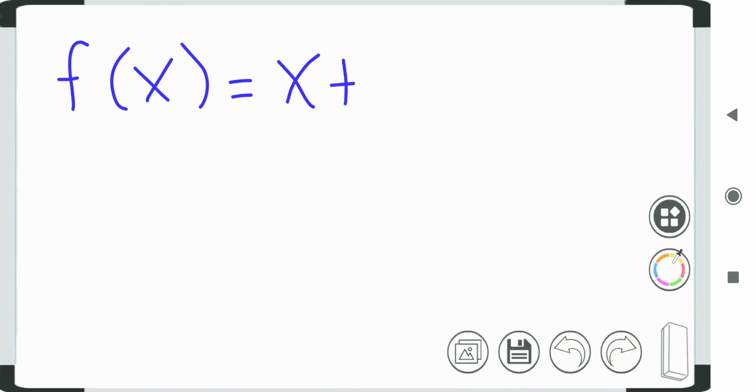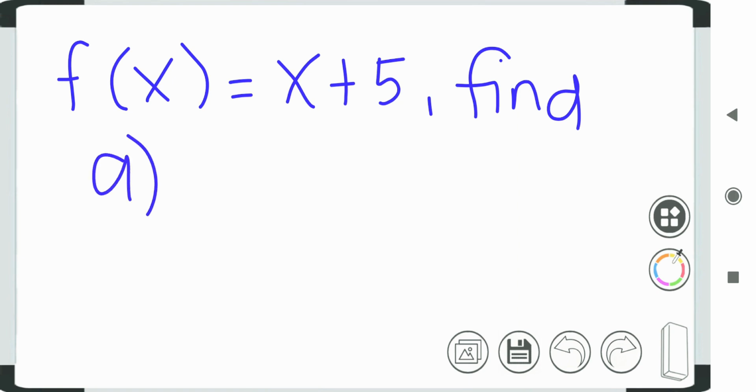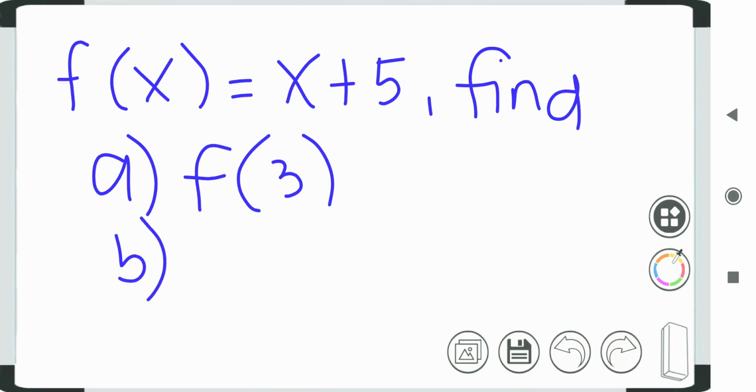Now, for example, we are given f of x equals x plus 5. Then we will find first f of 3. Then we'll find f of negative 7.